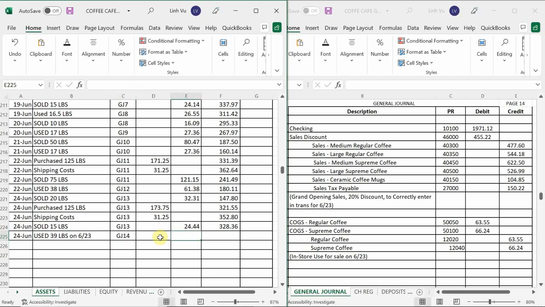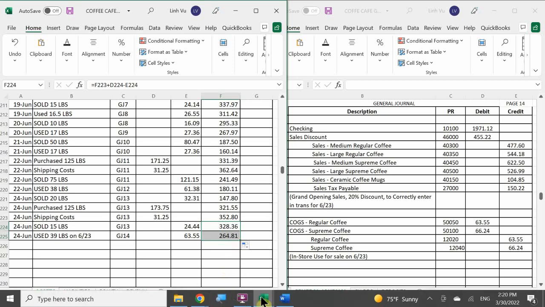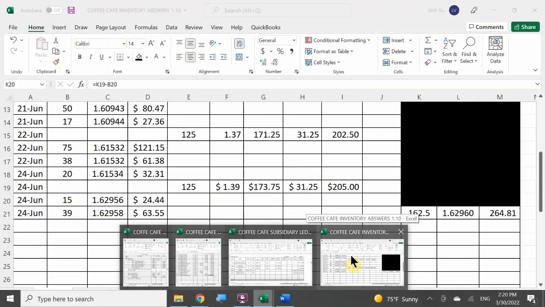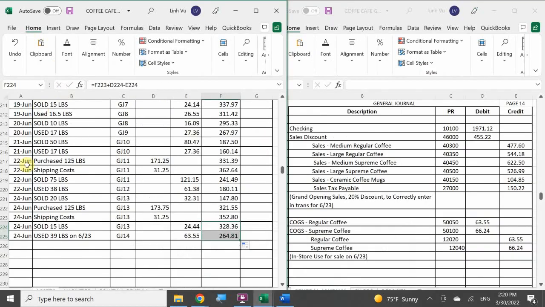For a total of $63.55. So what should be your ending balance? $264.81. $2,641. Good.